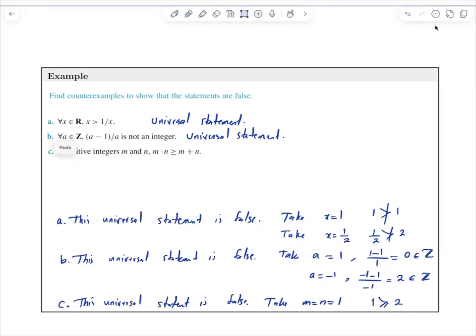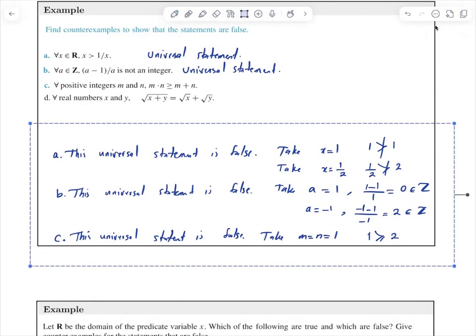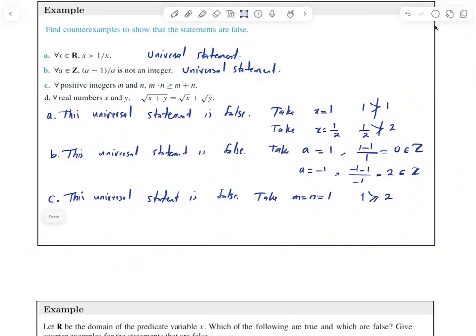Let's take a look at another one. Here we go. D says for any real numbers like x and y, square root of x plus y is always equal to square root of x plus square root of y. This statement in general is false. D. This universal statement is also false.